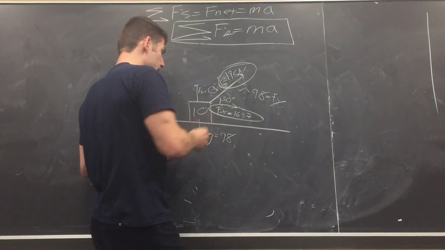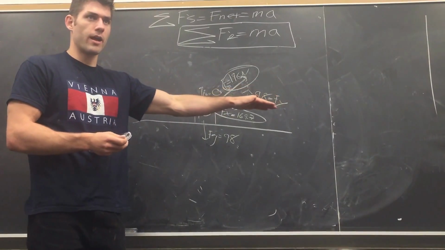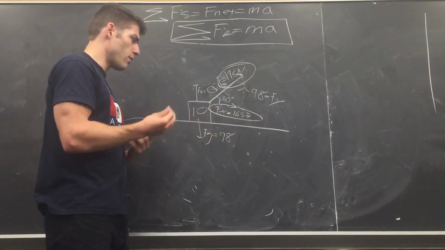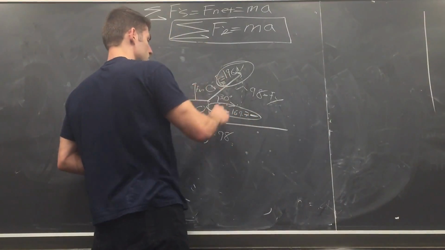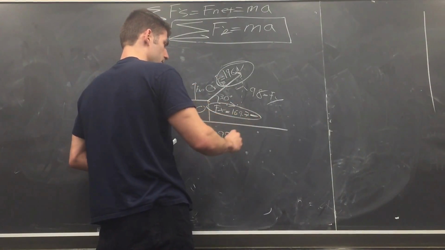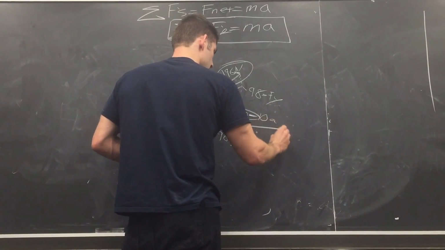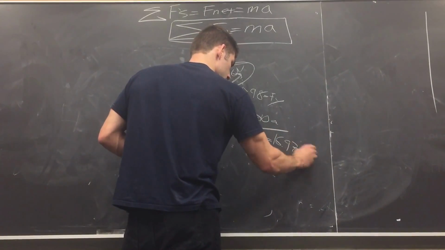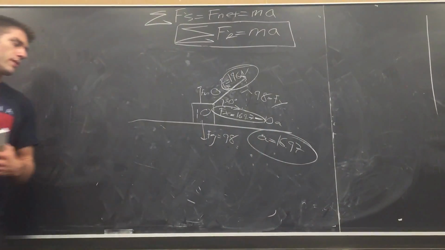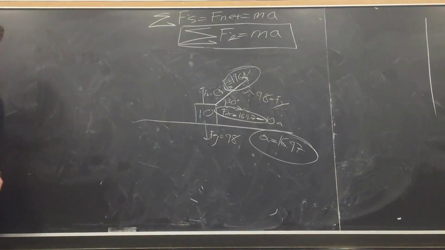Okay, well that's my only force going to the right. So if I want the acceleration to the right, it is just this one force. The sum of the forces in the x direction is equal to 10 times a. So my acceleration is 16.97 meters per second squared. And there we go.